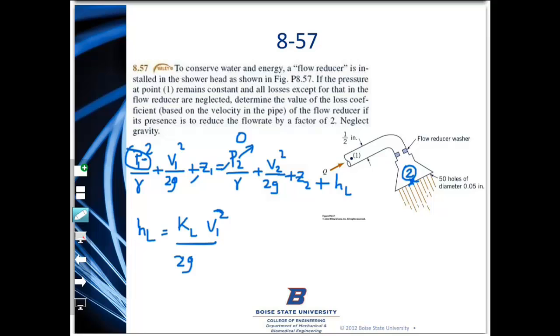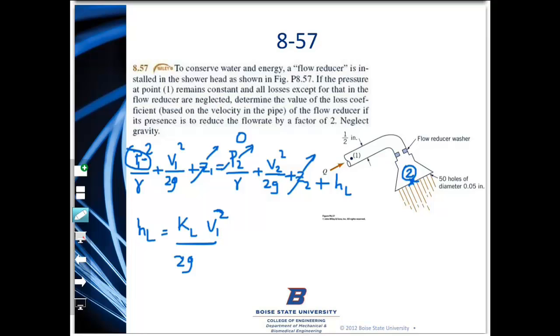Okay, Z1 you can neglect the elevation effects. Okay, and also we really don't know what is HL, or in the sense KL, and it also has another unknown. So we have to somehow get rid of this P1 and try to come up with an equation where everything is in one variable.